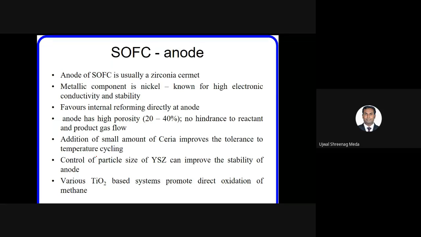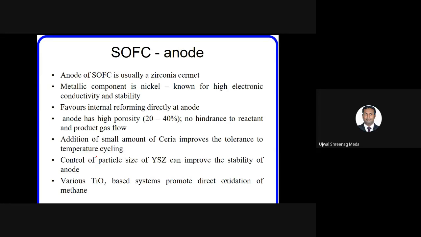It is a composite material made of metal reinforcement and ceramic matrix. So the matrix material is zirconia. Coming to the metal, in case of anode, nickel is used. So this has an added advantage. Before going to that advantage, how do these cermets work?